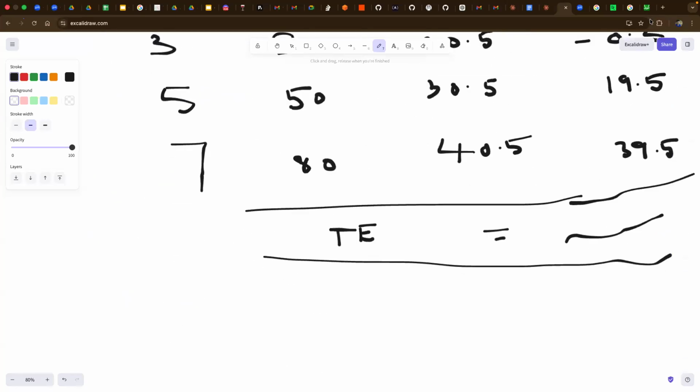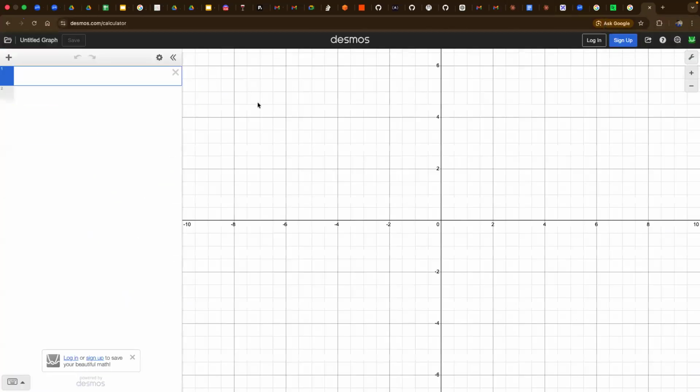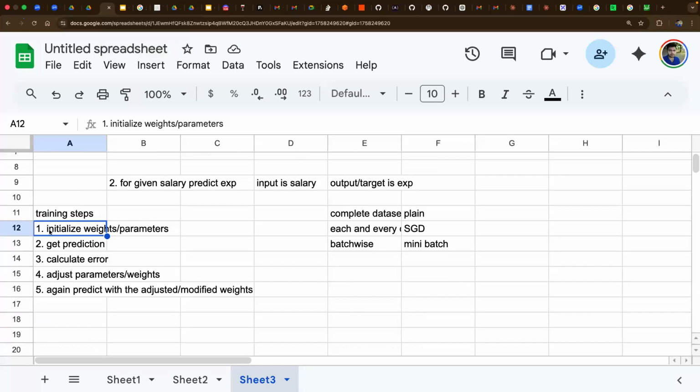This is what happens. But if you have to do this programmatically, what would be the steps that you follow? If you see what we have done, we initialized the weights and then got the predictions. We substituted the input data points in the model equation, got the prediction and then calculated the error.